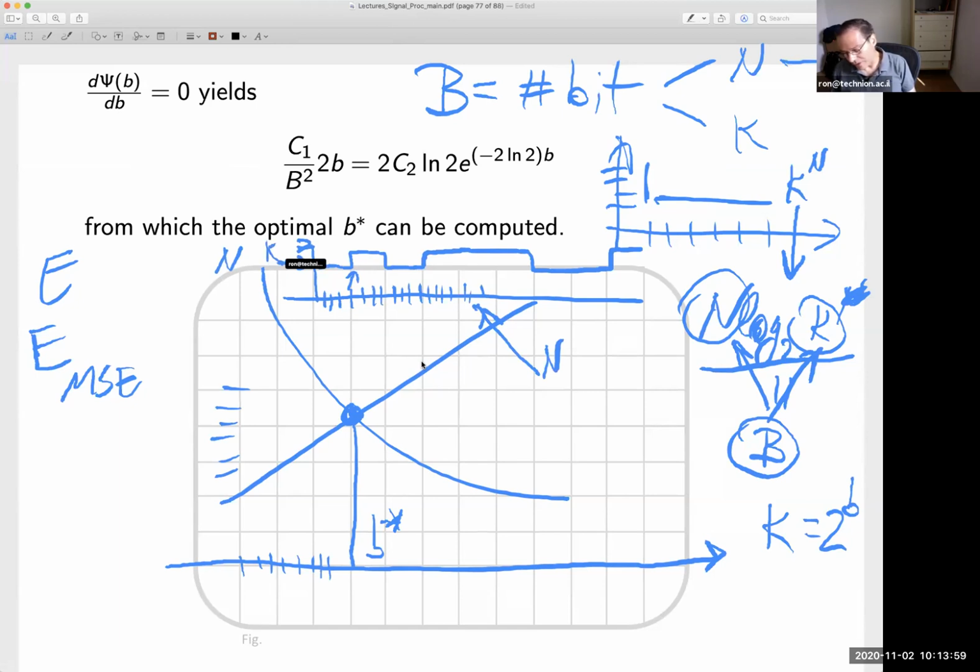Now you can think of a different example where you have this interesting function that is varying like that. Obviously, the more interesting the function is, the fewer bits you would like to assign to n and more to k. So this is where the competition comes into play, and this is when it becomes interesting.